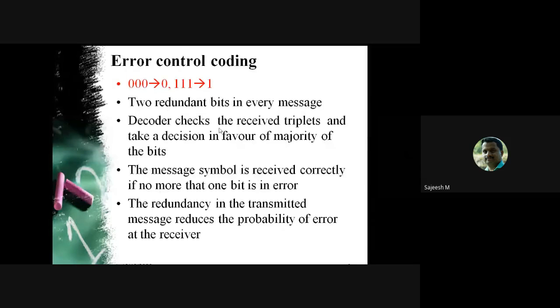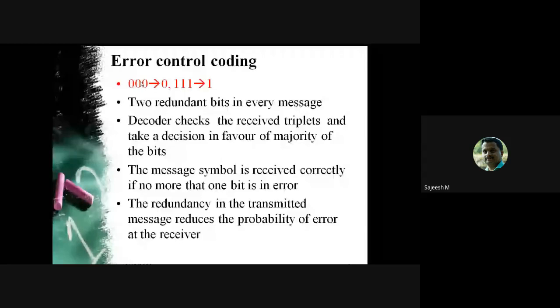At the receiver end, it takes 3 bits at a time, and if it is 0 0 0, it is decoded as 0. If it is 0 0 1, that is, 2 zeros and 1 one, then it takes a decision in favor of 0.